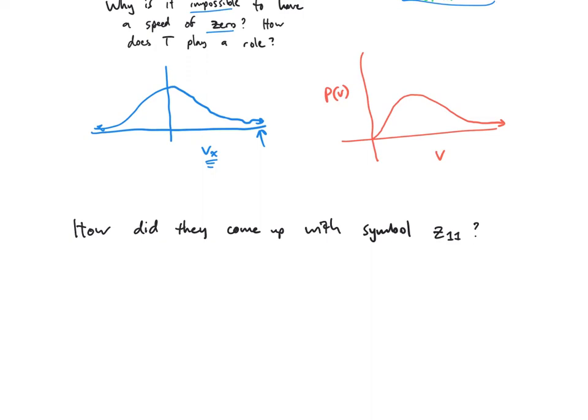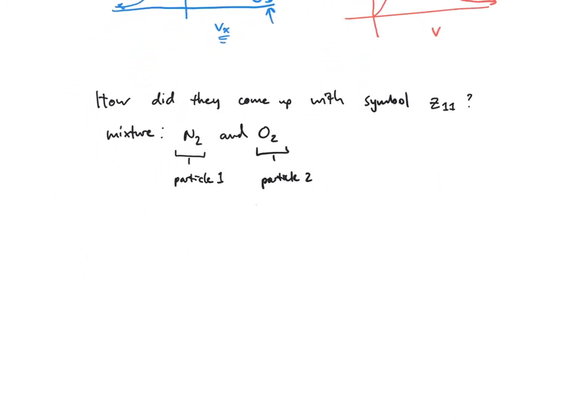But the reason for 1, 1 is that if we've got a mixture of gases, like, I don't know, N2 and O2, then we might call N2 gas 1 or particle 1, and we might call O2 gas 2 or particle 2. And what I didn't tell you about is if you have a collisional frequency, it's going to be different whether for a given particle it's N2 colliding with another N2, or N2 colliding with an O2, or O2 colliding with another O2.